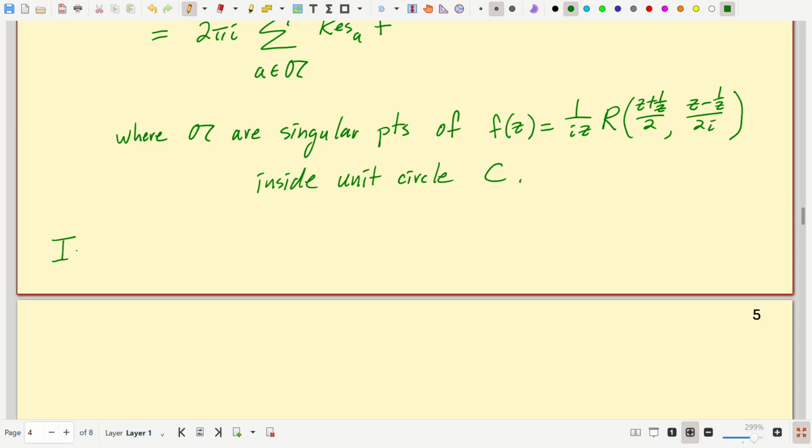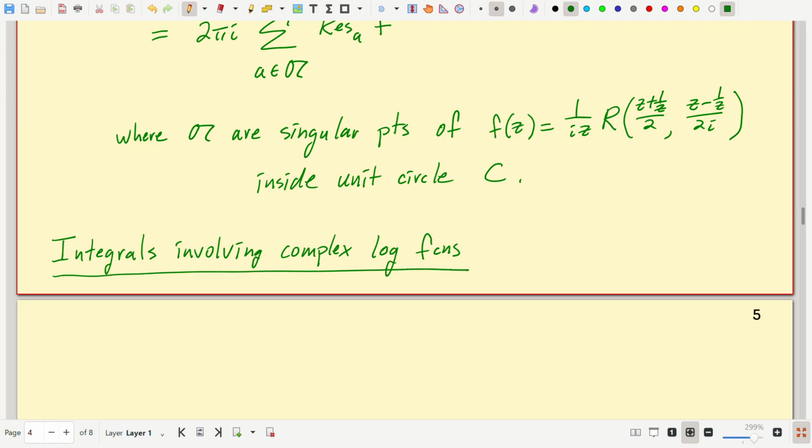The next important example, I need to use a complex log function. So integrals involving complex log functions. Do a typical example.